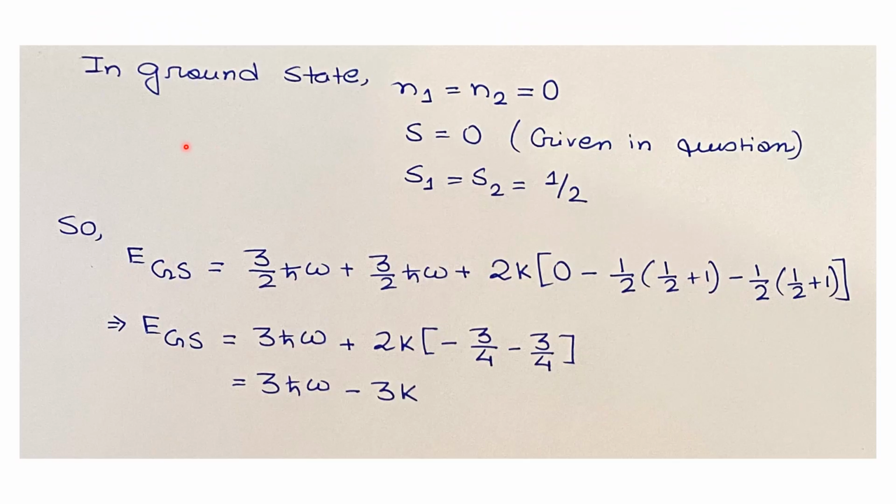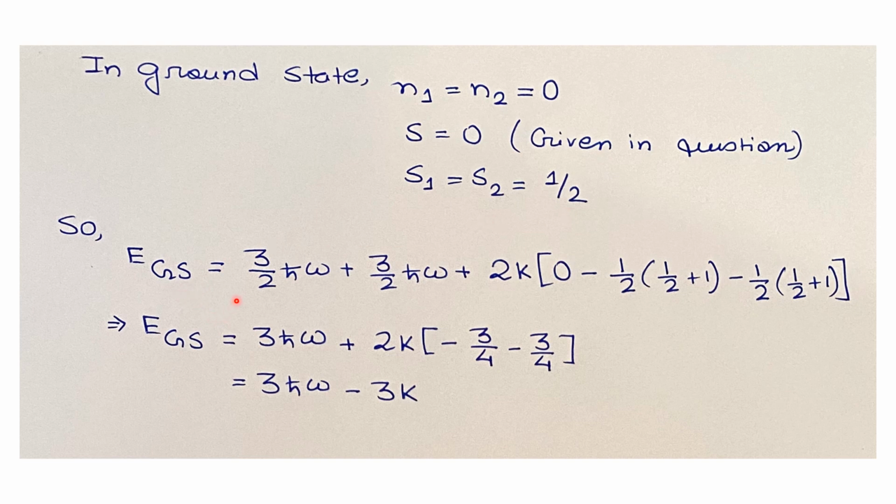Now in the ground state, the three-dimensional quantum harmonic oscillator has nx equals 0, ny equals 0, and nz equals 0, and N1 and N2 are the summation of the x, y, z components, so both will be 0. And according to the question, total spin is 0 in the ground state. But S1 and S2 equal half because they are spin-half particles. So we put these values in the ground state energy eigenvalue.